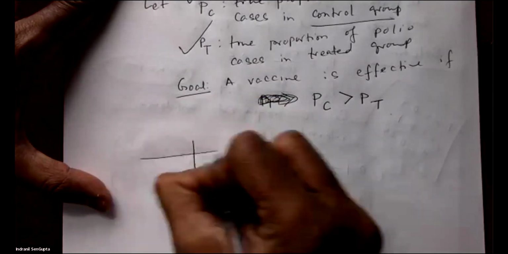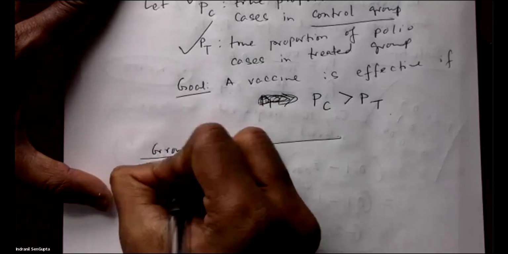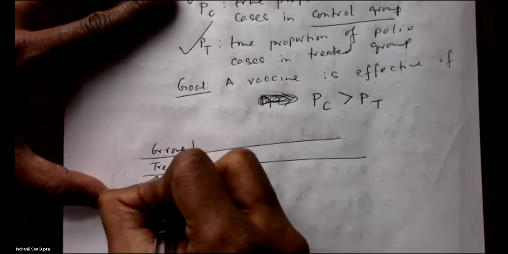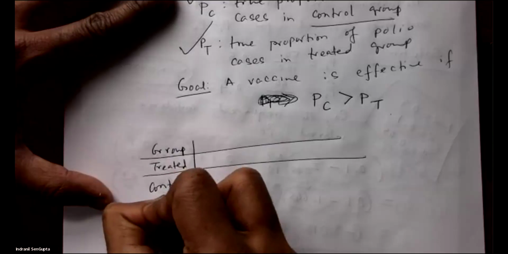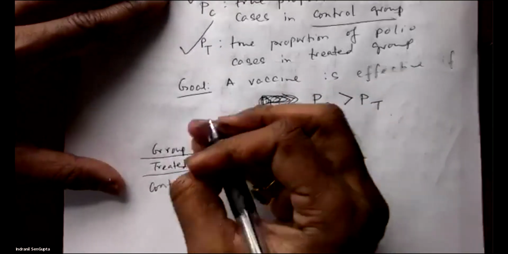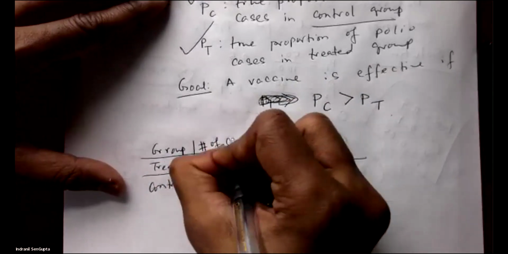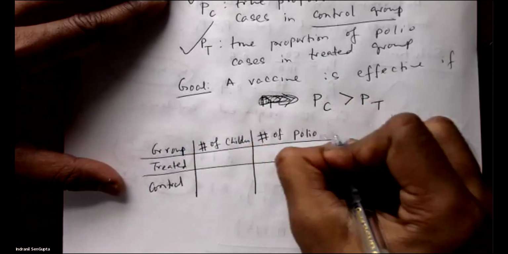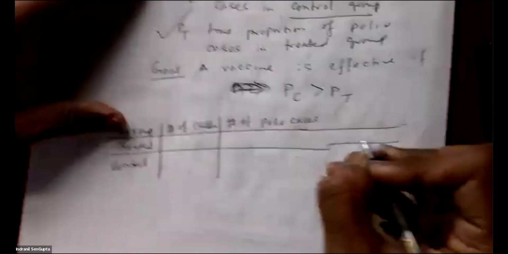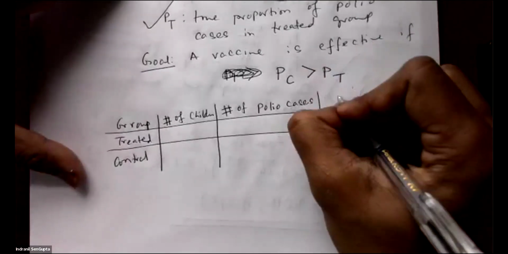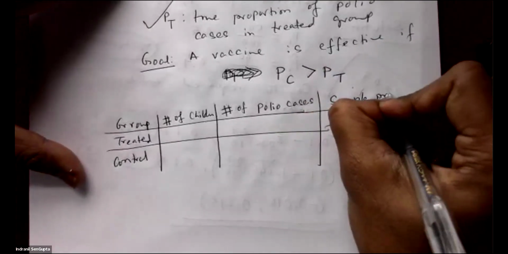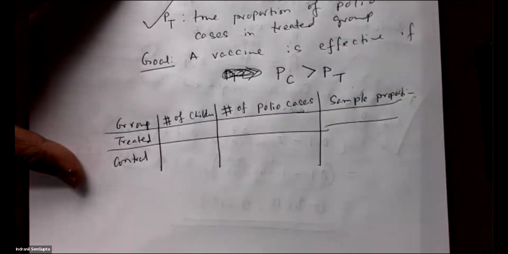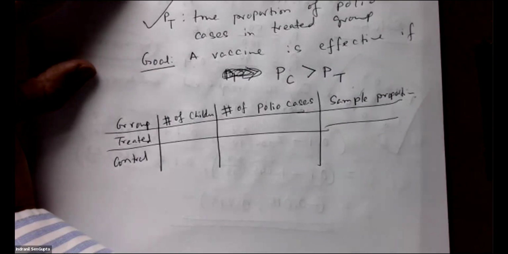Here is the table: group, treated and control group, number of children, number of polio cases, and then sample proportion. Okay. So we draw a sample.